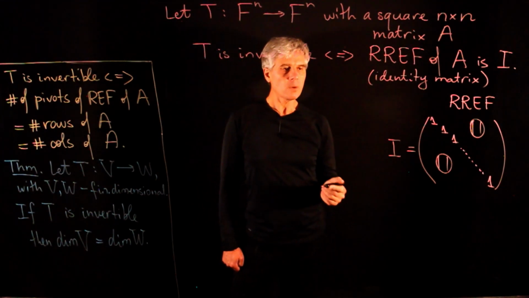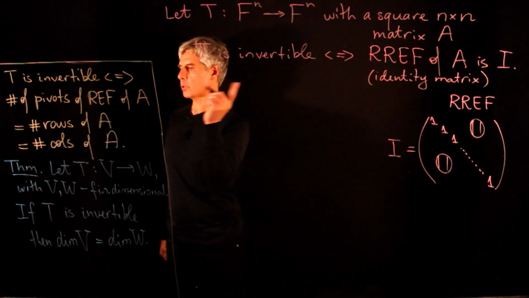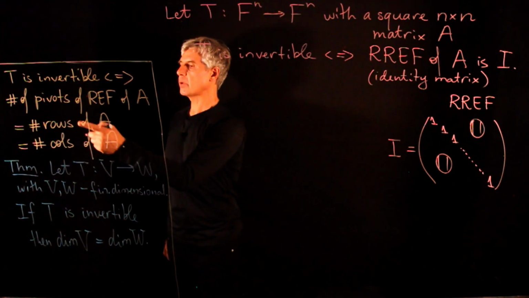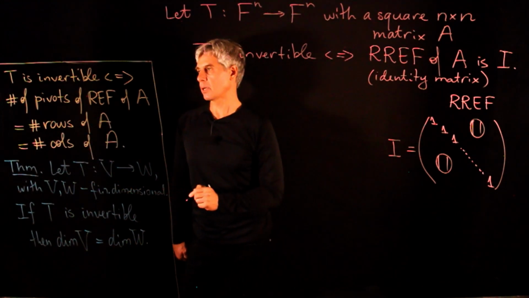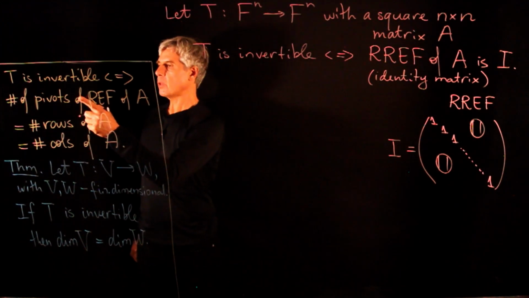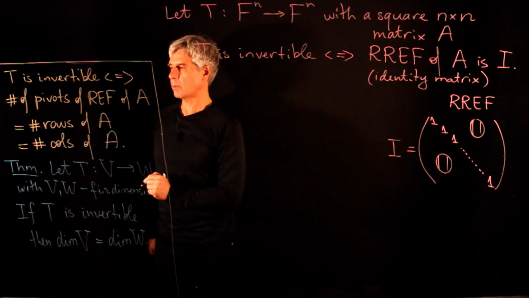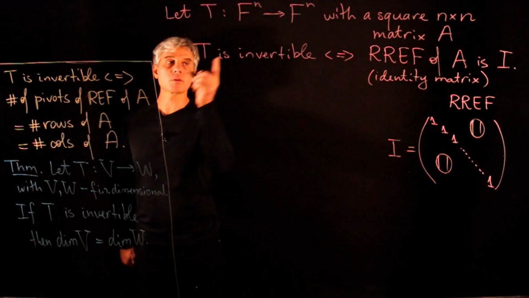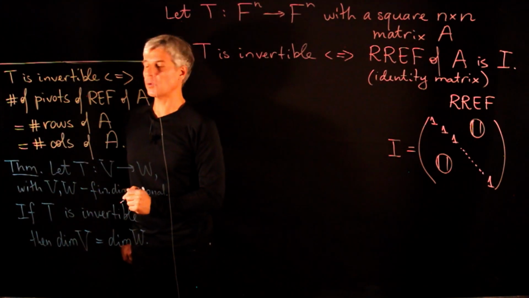Now, we can also say the following, that for square matrices, automatically we know that the number of rows is equal to the number of columns. So if we know that the number of pivots is equal to the number of rows, then automatically the transformation is invertible, because then it's also equal to the number of columns.